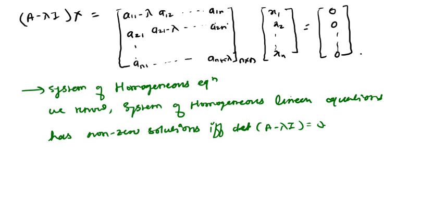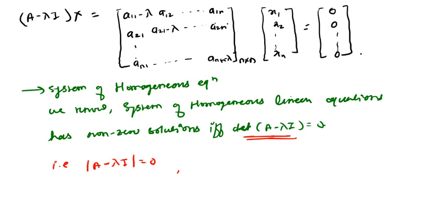So this system will have a non-zero solution if the determinant of A minus lambda I is equal to 0.